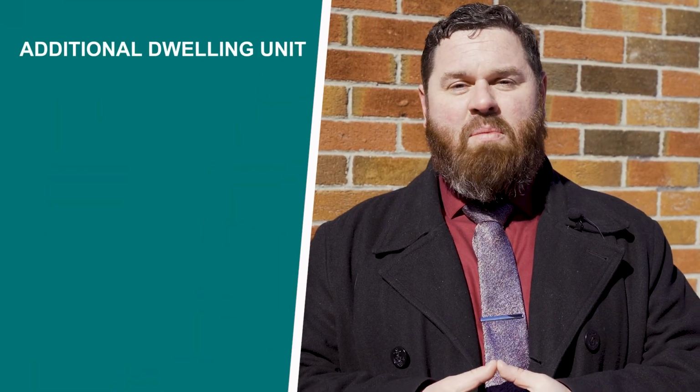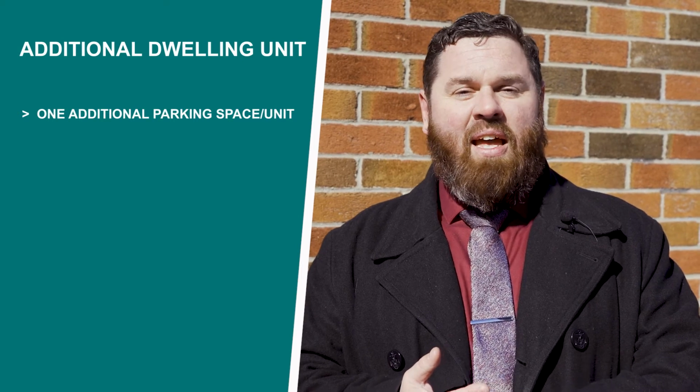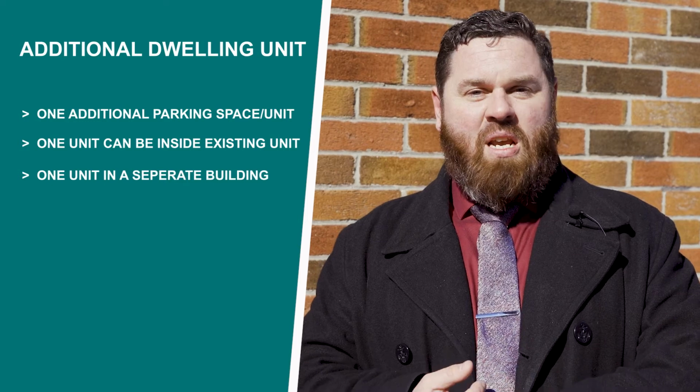Now, just to recap, every municipality, due to Ontario legislation, needs to intensify their urban areas. And the best way that they can do that is through an accessory dwelling unit bylaw, and we can already see some municipalities rolling that out. Here in Clarington, there are specific criteria that need to be met. At least one additional parking spot for every unit that's added. At least one unit can be in the existing dwelling unit, and one can be in a separate building.